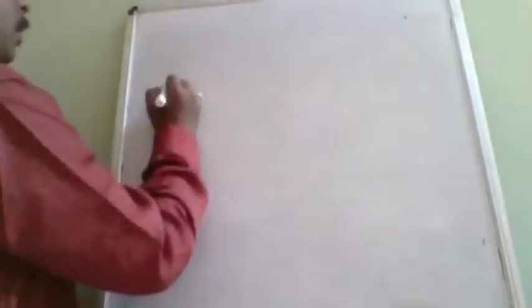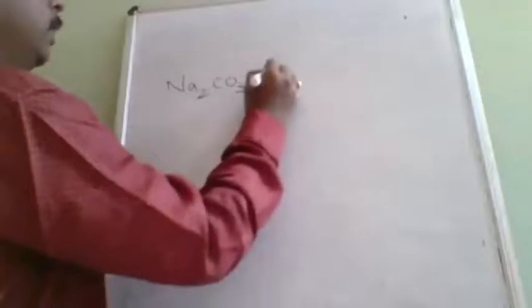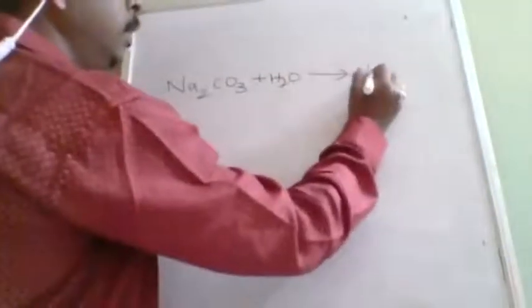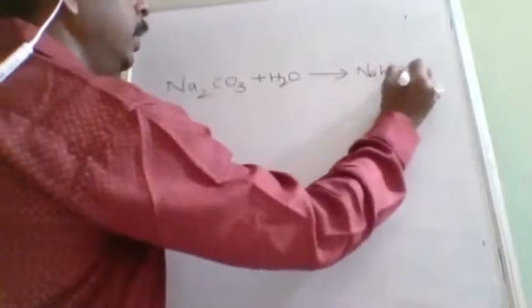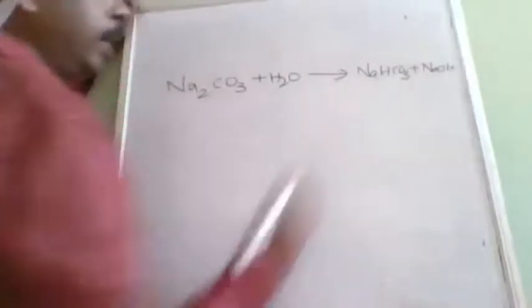Then one more example is there if it is polyprotic. Now let us take Na2CO3 when it is added with H2O. Then what will it form?